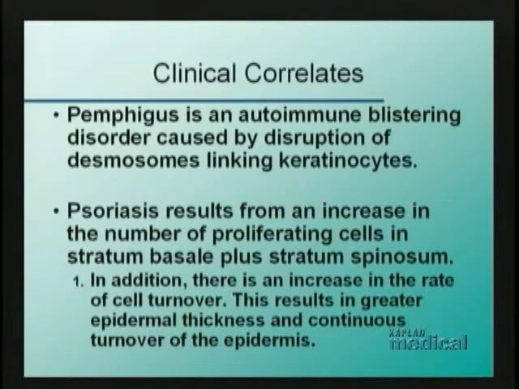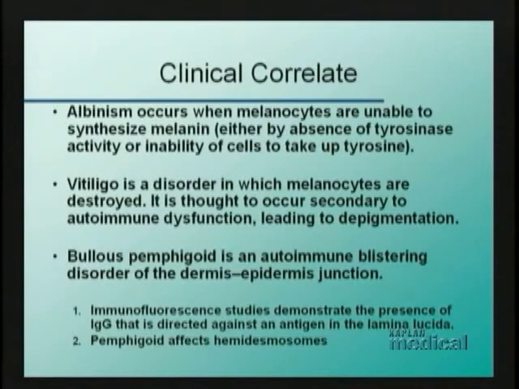Psoriasis results from an increase in the number of proliferating cells in these basal layers, particularly in the Malpighian layers, the stratum basale plus the stratum spinosum, resulting in a greater than normal epidermal thickness and a greater than normal turnover of those epidermal keratinocytes.